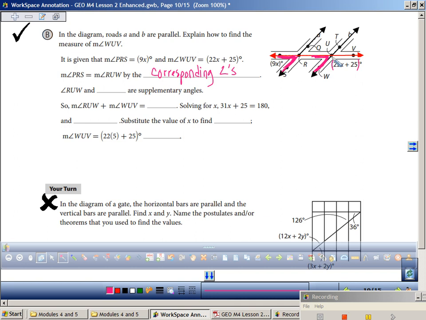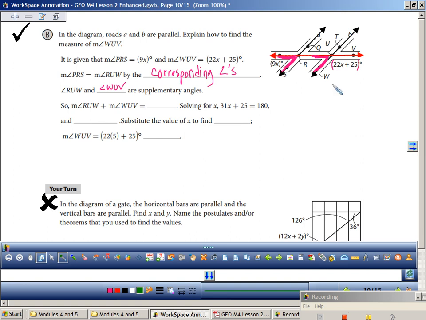WUV. Correct? So angle WUV and RUW, this one, and we'll change our color, and this one are supplementary angles.